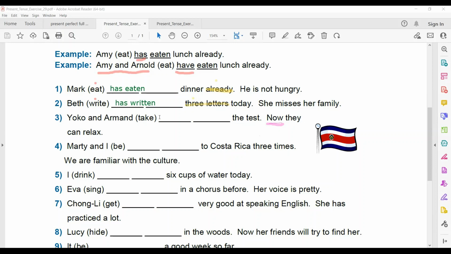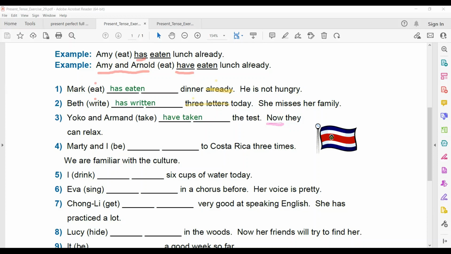So also to decide what tense to use, you can look at the next sentence and it will give you more information. Okay, so what is here? Has or have? Right, have, because there are 2 people here and it is plural. Have taken the test. Now they can relax.